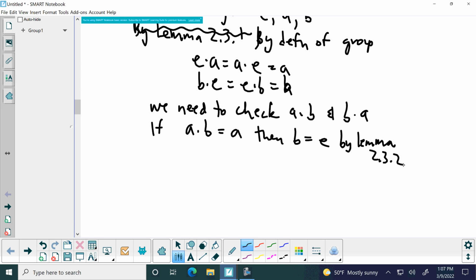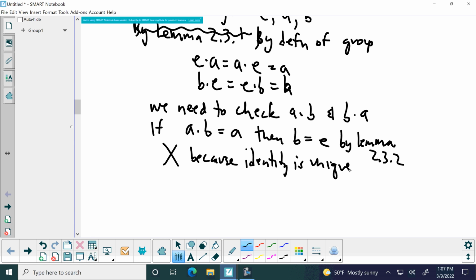But this is a contradiction because identity is unique. There can only be one identity, and that's just plain old E. I can't have something else be E too. So these are distinct elements. You could just say E, A, and B are distinct elements.